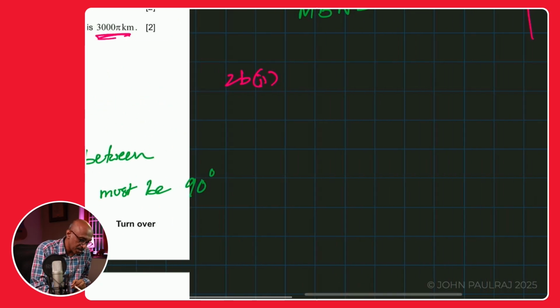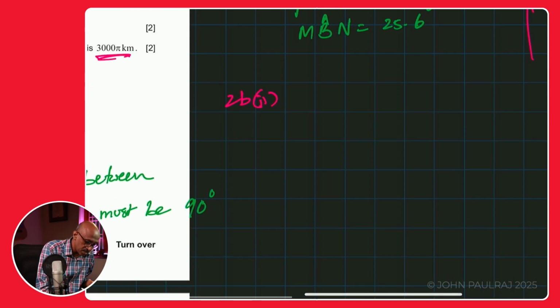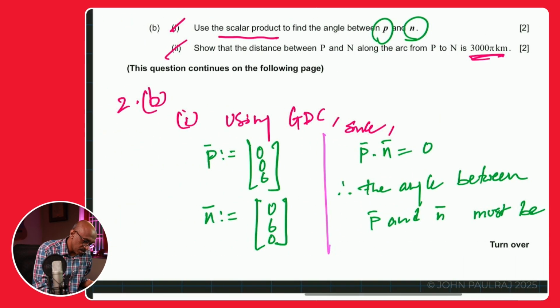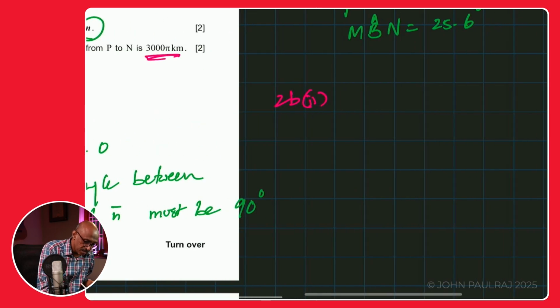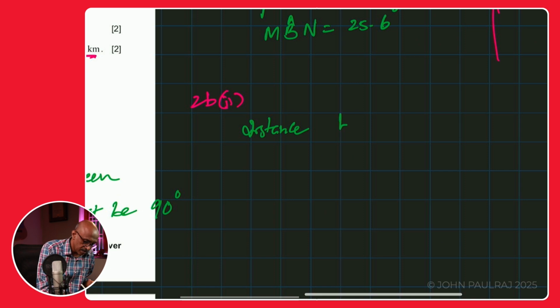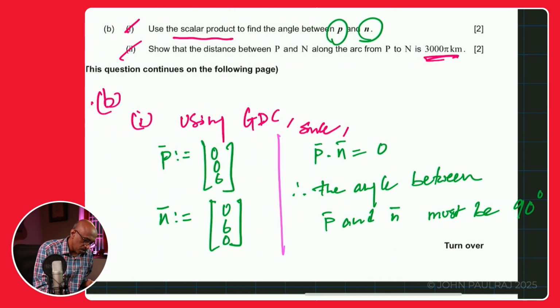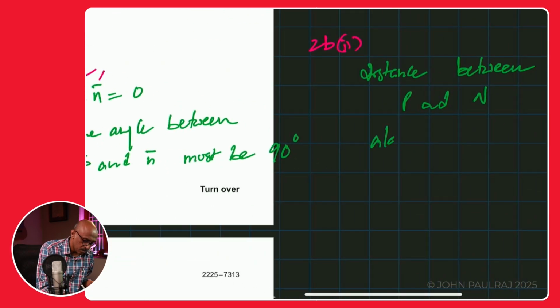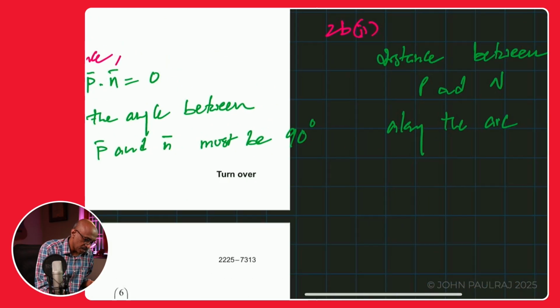Okay, we have come to that part. So you can say arc length is theta. So you can use the words distance between p and n along the arc from p to n. Okay, distance, instead of using the word arc length, the distance between p and n along the arc from p to n.